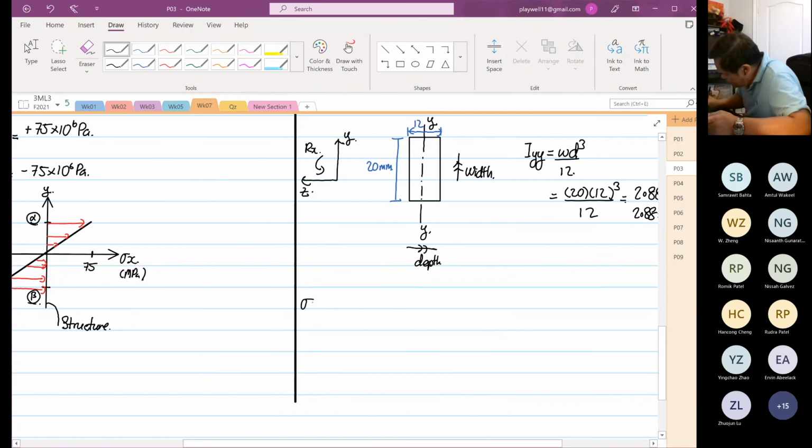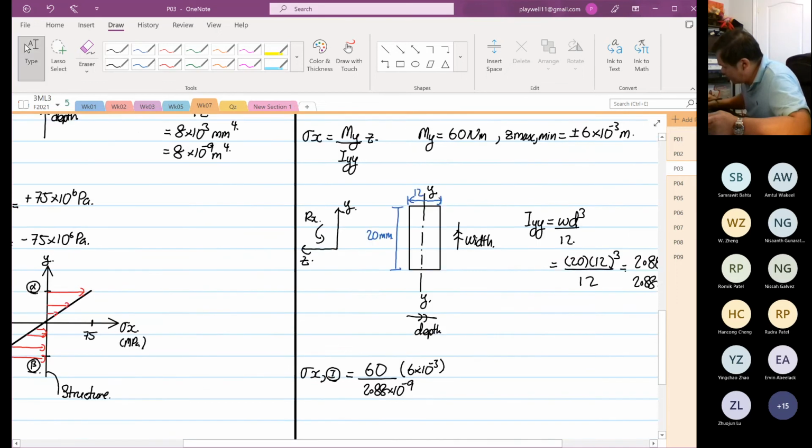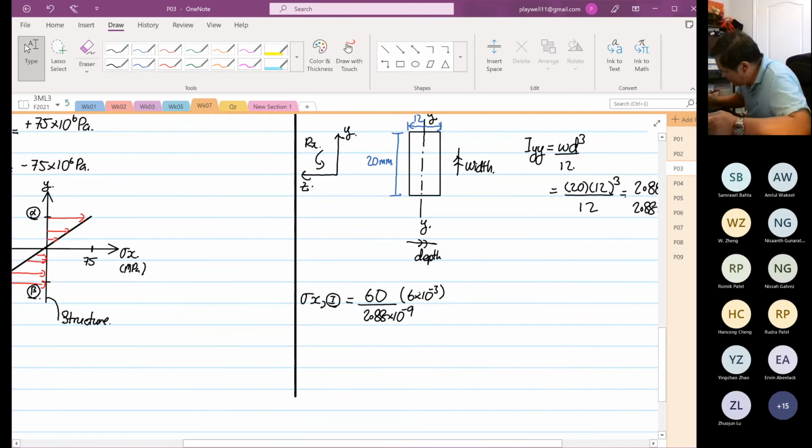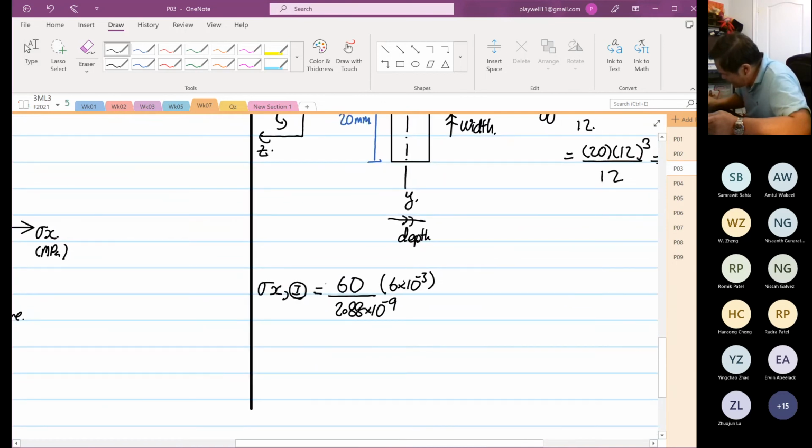Still stress in the x direction at point I. Moment is still 60. We found IYY is 2.88 times 10 to the power minus 9. The distance is 6 millimeters. At point I, we've just drawn, it is in compression by looking at the moment vector, so this is minus.